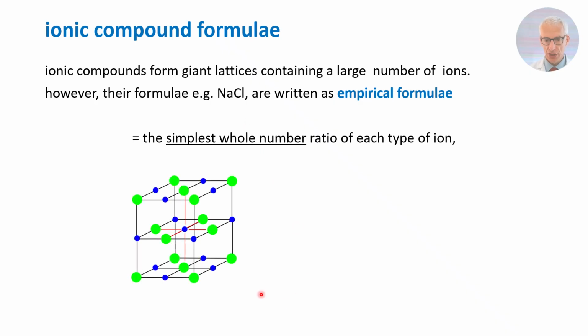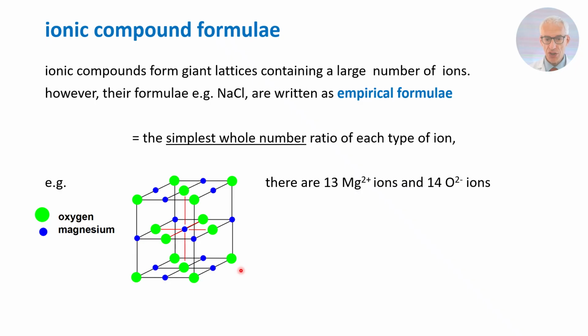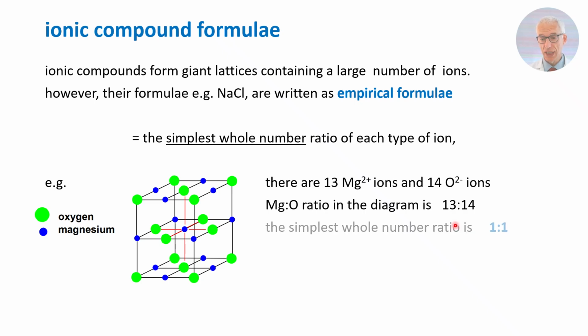So let's look at an example, magnesium oxide. We need to count up the oxygen or the oxide ions and count up the magnesium ions, which are blue in my diagram. In my diagram, I've got 13 magnesium ions and 14 oxide ions. Well, that means the magnesium to oxygen ratio is 13 to 14.